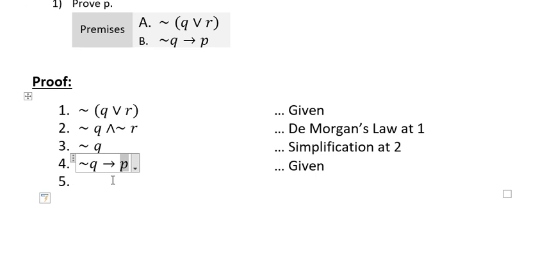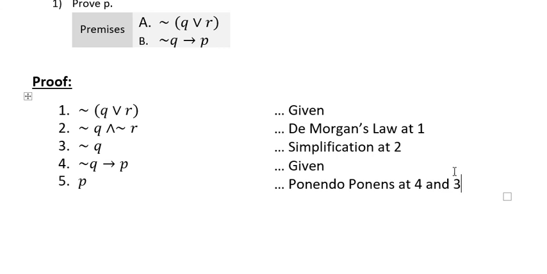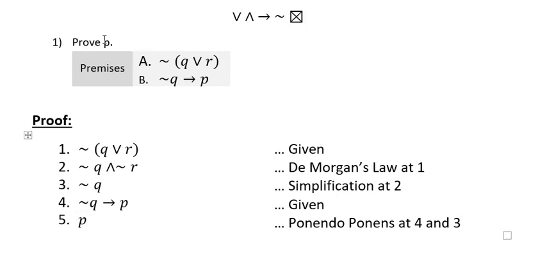So I copy the second part, P. How can I justify that? I just said it. It's modus ponens. And which steps? Step 3 and step 4. Because I like doing things backwards, I put step 4 and step 3. Now I have P already, so I proved P.